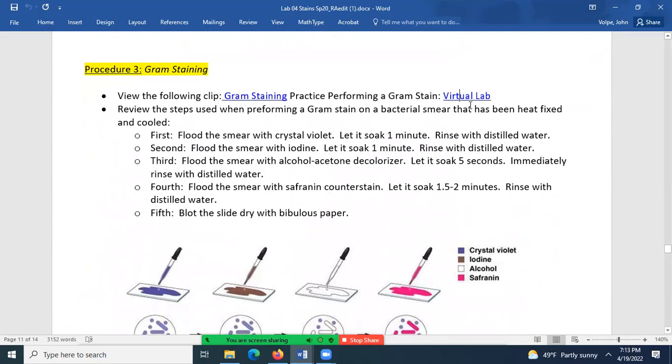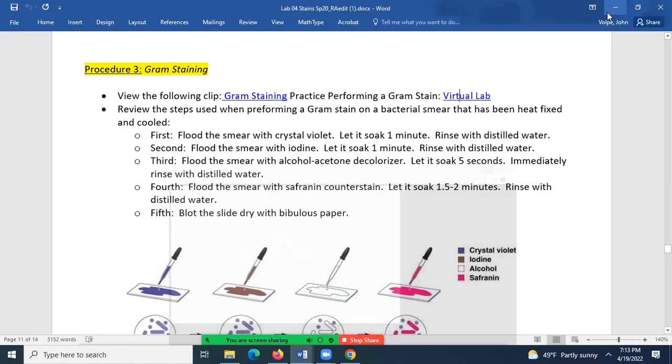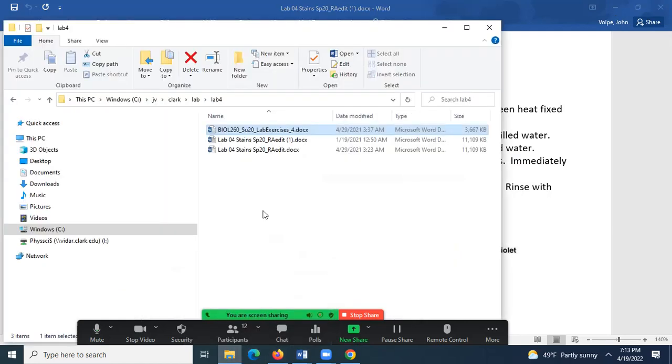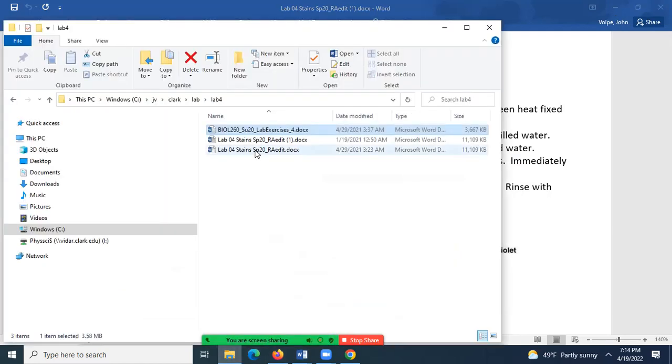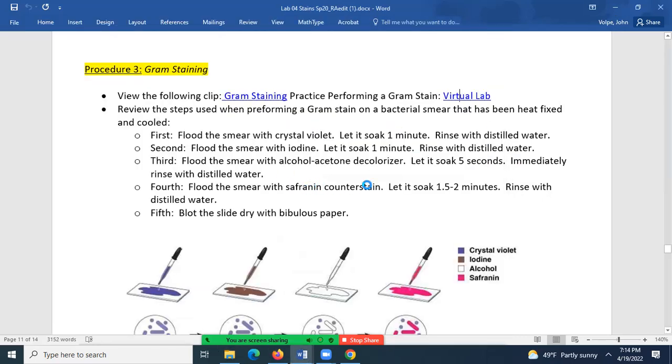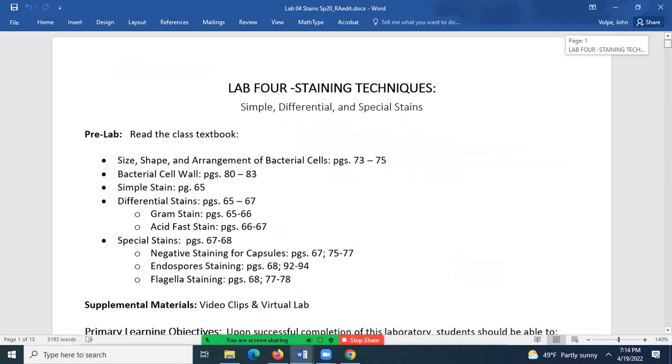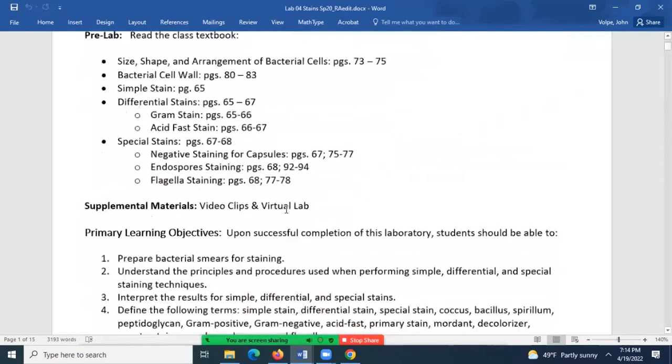The virtual lab will take a little while to download. This one we might not have. Let me check on the newer version, see if we do have a virtual lab. Yeah, we do have a virtual lab in this one.